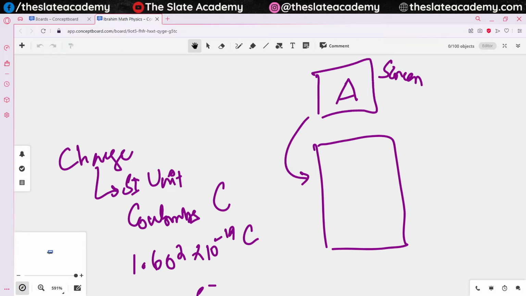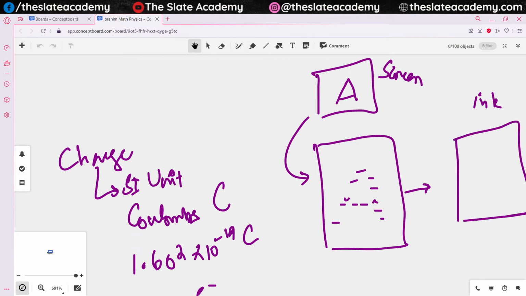So it would create, by electrostatic induction, a negative charge on the paper in this pattern. Okay, so when this is negatively charged and it is exposed to ink, the ink would rush in and stick to the paper in such a pattern.